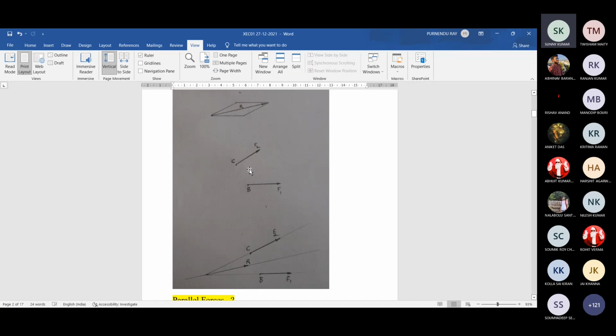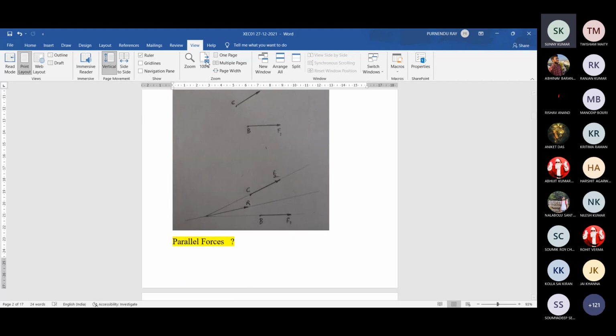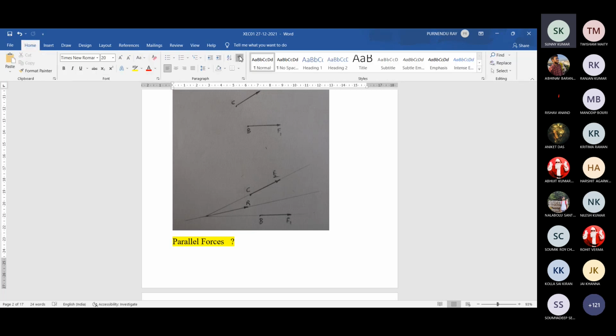Then what about the vector summation? F3 plus F4, then F5 is minus F4, so that cancels. We are left with F3 plus F6.